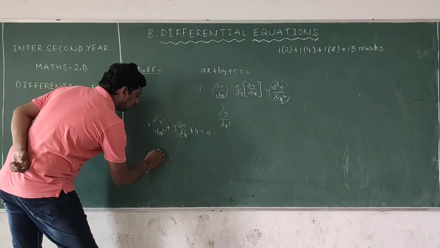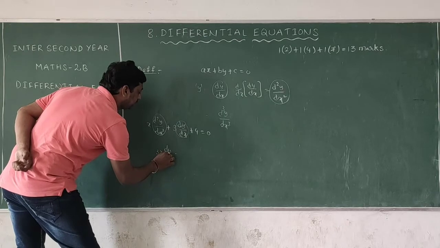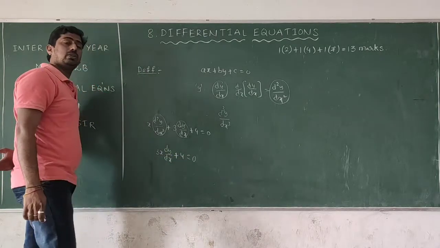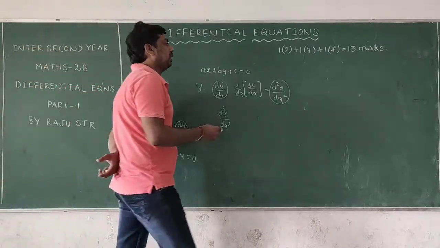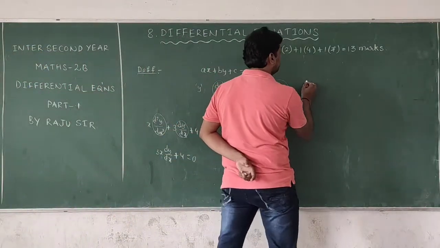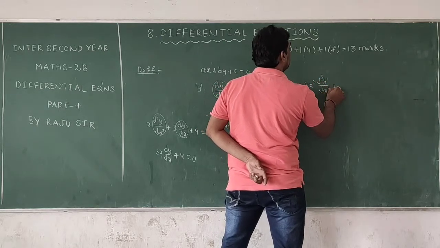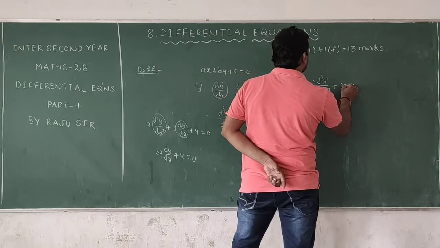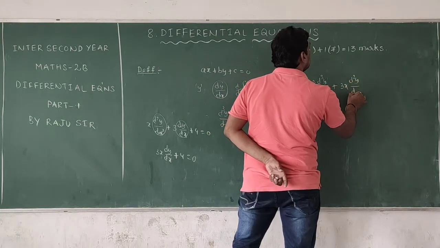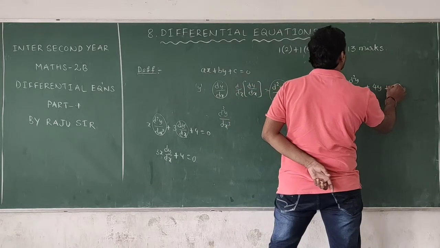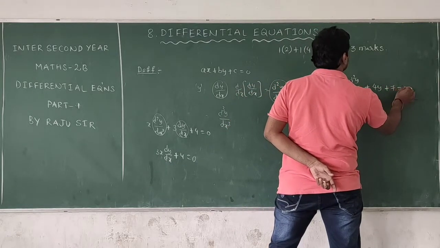Another equation can be written like this: 3x into dy by dx plus 4 equal to 0. This one is also a differential equation. Another example: 4x square into d cube y by dx cube plus 3x into d square y by dx square plus 4y plus 7 equal to 0.